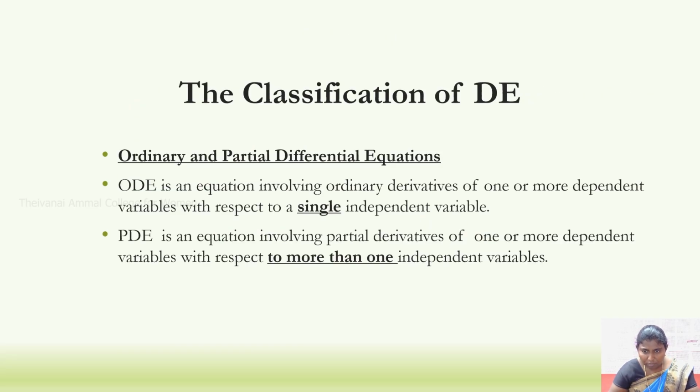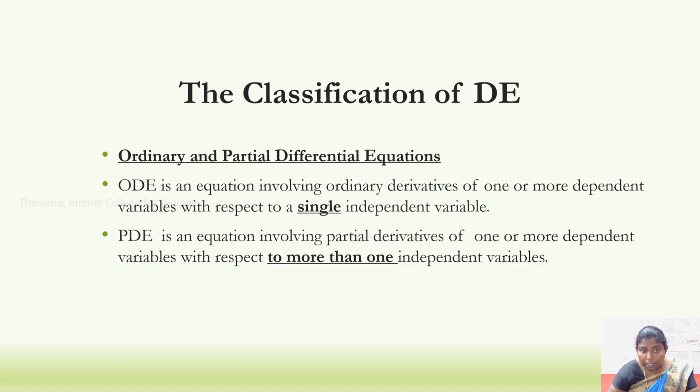Next, the classification of differential equations. There are two types of differential equations. One is the ordinary differential equation, and the other is the partial differential equation. An ordinary differential equation involves ordinary derivatives of one or more dependent variables with respect to a single independent variable, so involving only one independent variable.